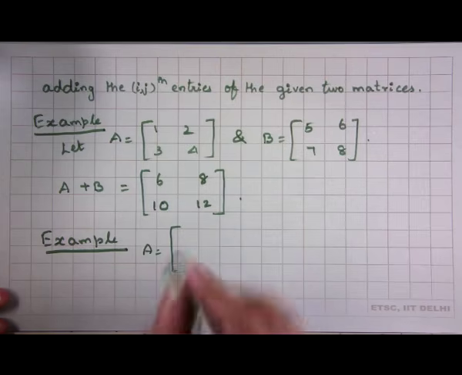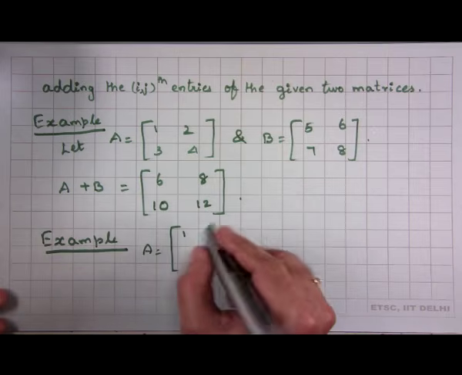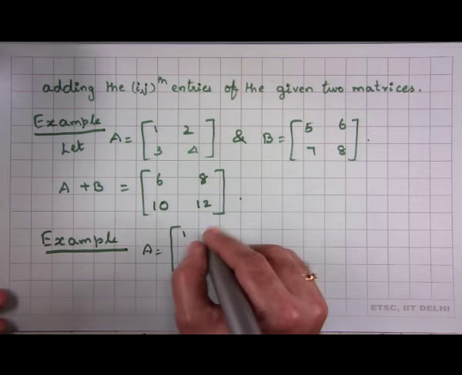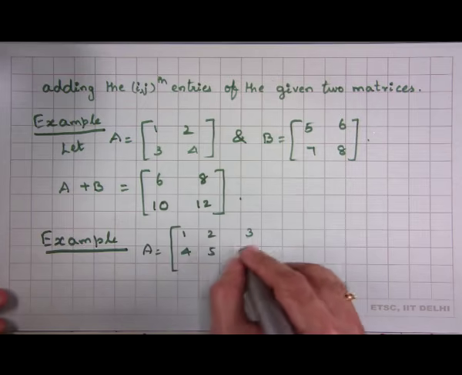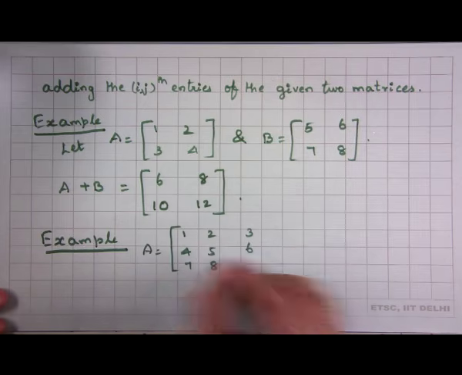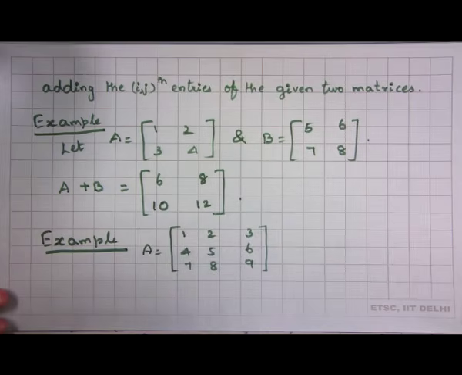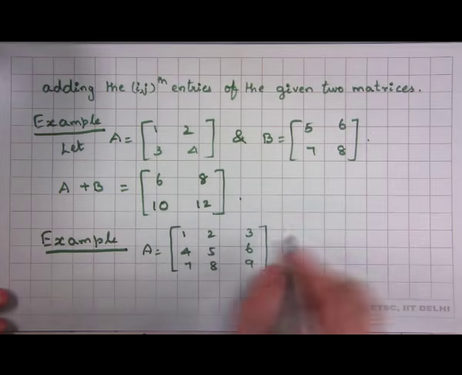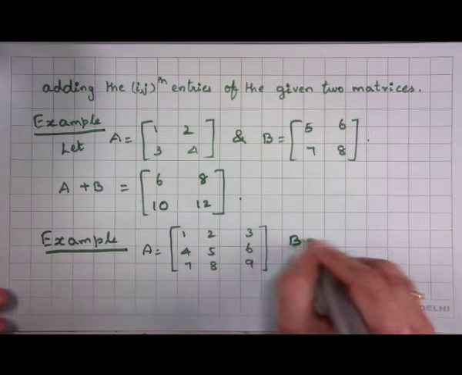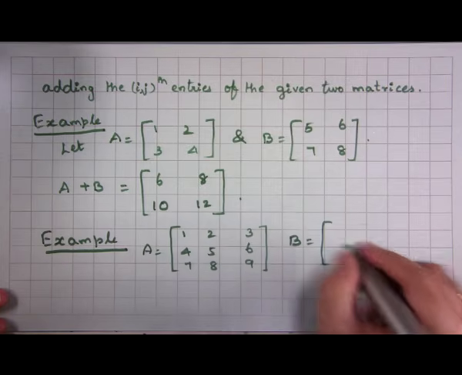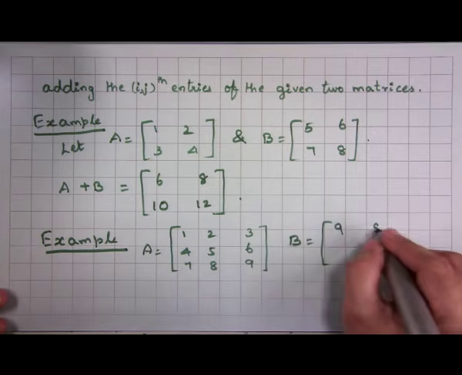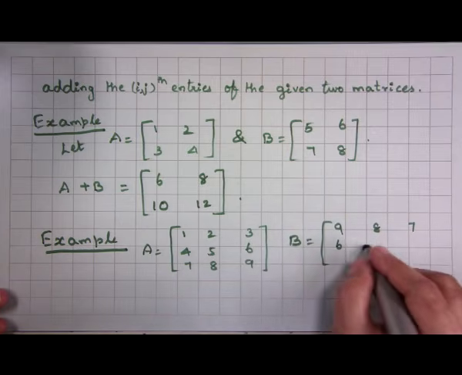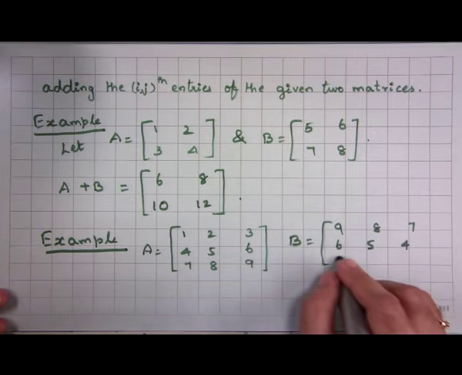So, let us do a second example. Let us do it for a 3 by 3 matrix. Let A equal 1, 2, 3, 4, 5, 6, 7, 8, 9 and B equal 9, 8, 7, 6, 5, 4, 3, 2, 1.